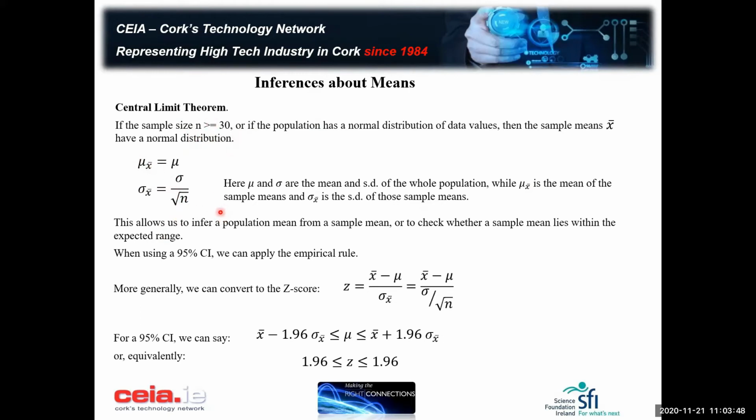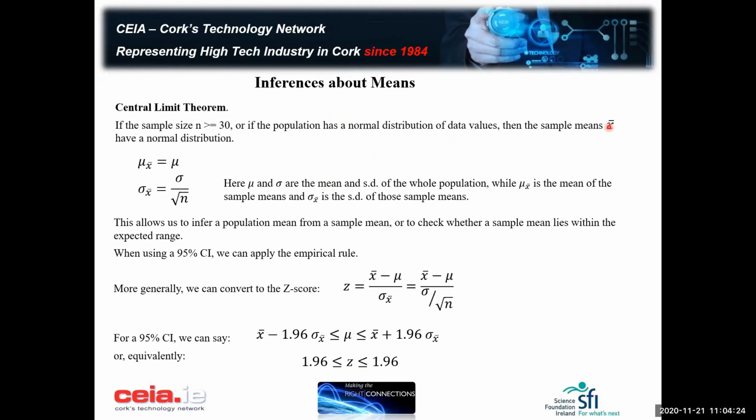So in practice, you'll be asked questions for cases where this condition is satisfied, and there are two options. Either your original population has a normal distribution, which is very common, or your sample size is big enough. Then these x bars, which are the means that you measure from each sample, will be normally distributed.